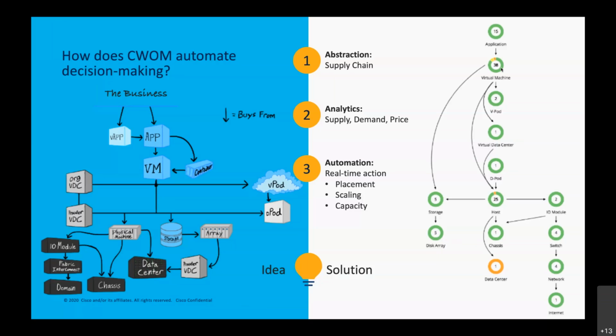What is its job? It's to give you those placement, scaling, and capacity management actions. So it tells you where you can run your workload that will be more optimized than what is done today. How do you have to scale up and down your workload for better optimization? It's not only scaling up. A lot of times you have to scale down for better optimization.